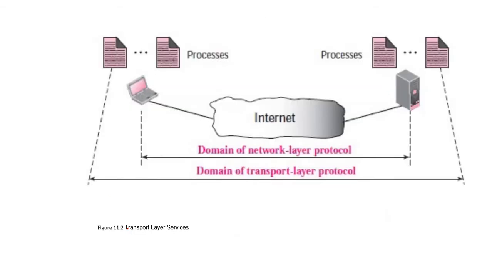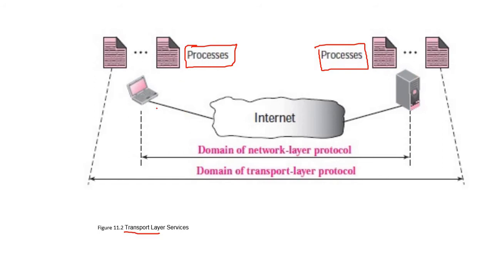So let's see what we have discussed till today. Basically, the transport layer is responsible for process to process communication. It means how one process executing in any system is going to communicate with another process executing on another system.